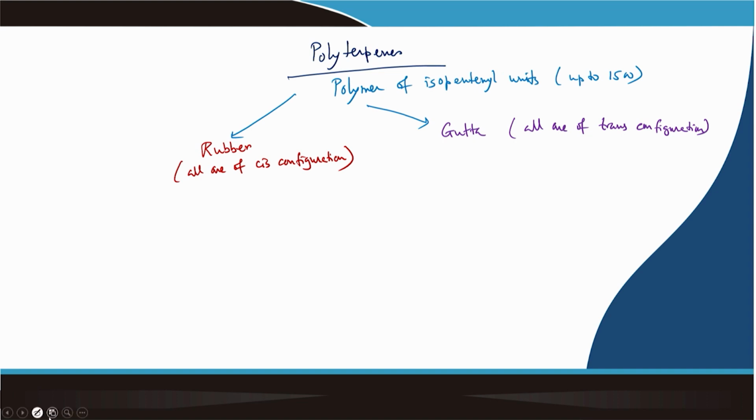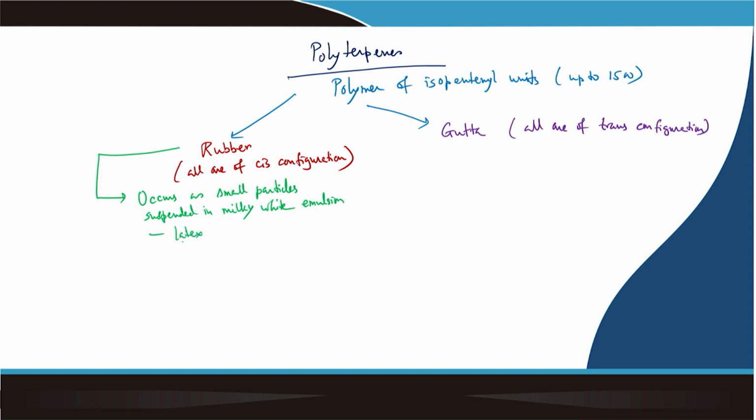Rubber usually occurs as small particles suspended in a milky white emulsion, which is called latex.